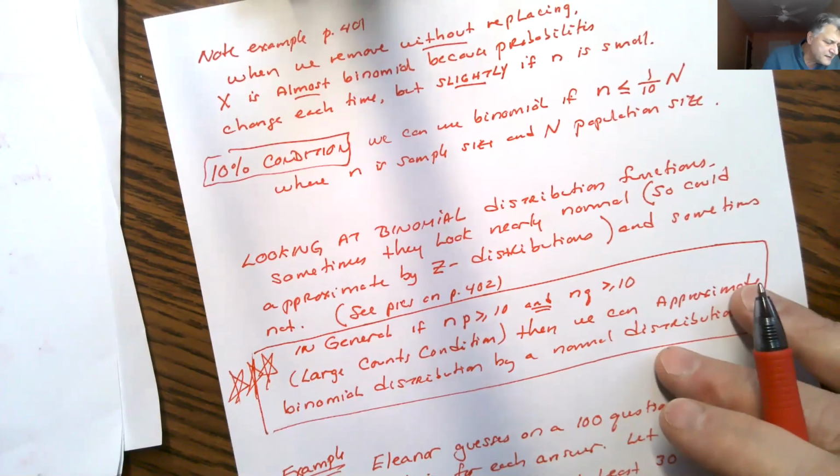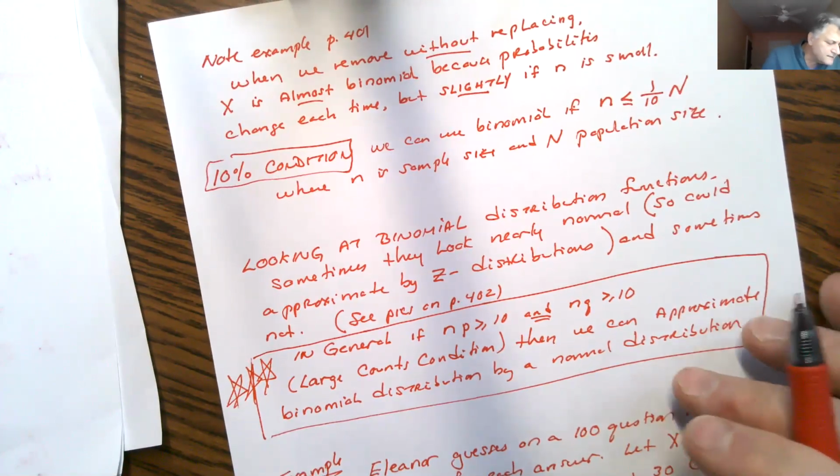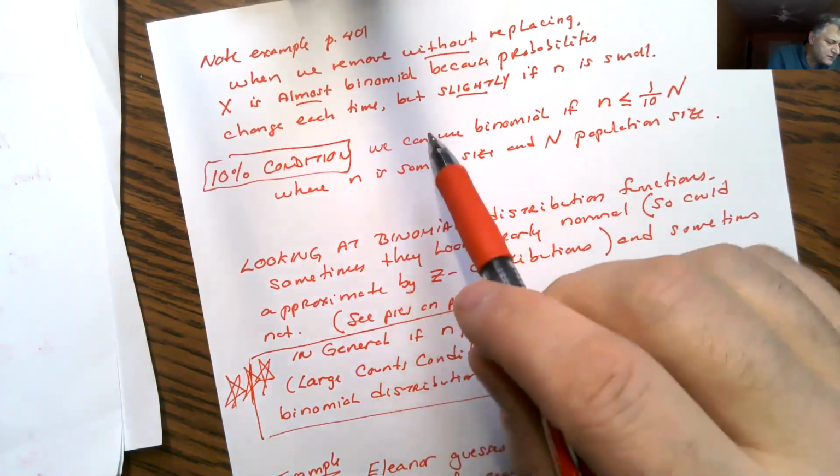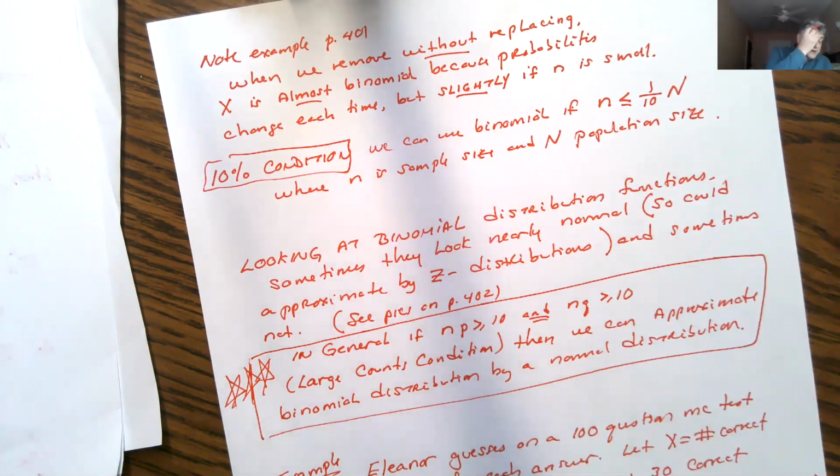Okay. So here's the example. Oh yeah, also just one more minor, well, not minor, but say you have a population with 20 things in it, right? You have some red balls and some blue balls. Well, if you pick a red ball and you keep it, the probability that the next one's going to be red changes. Okay. So to be truly binomial, you would have to put the ball back each time.